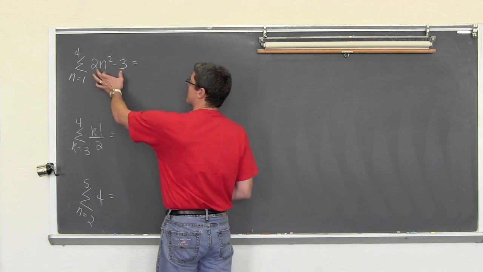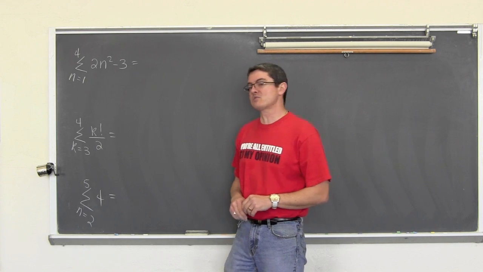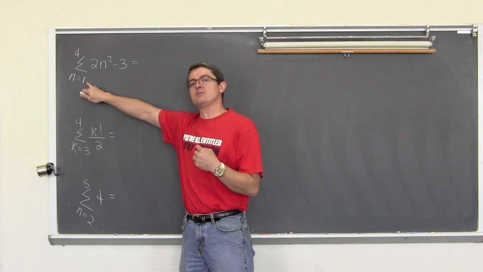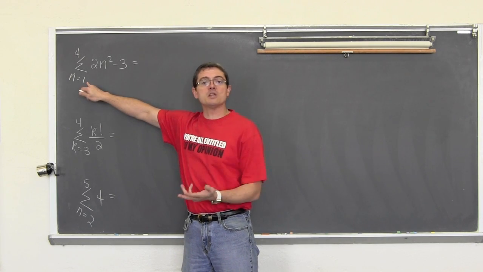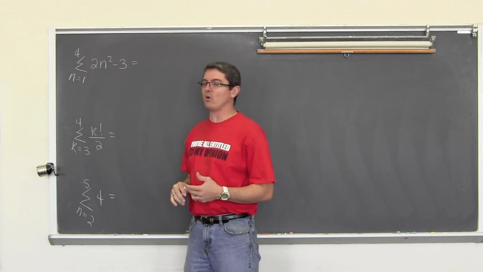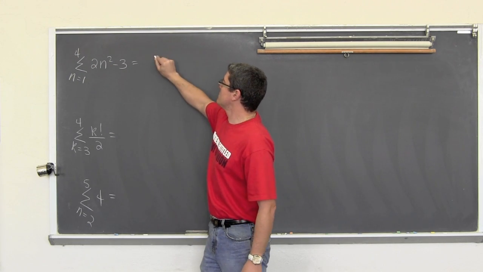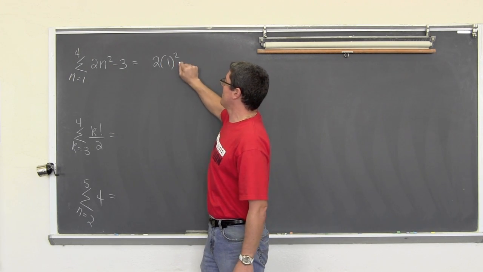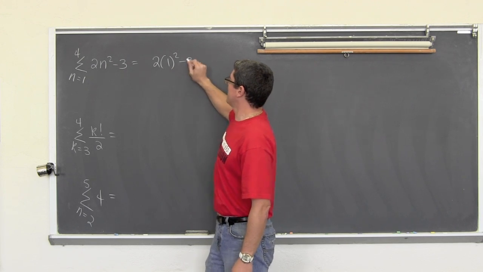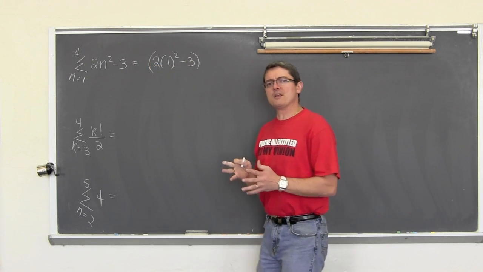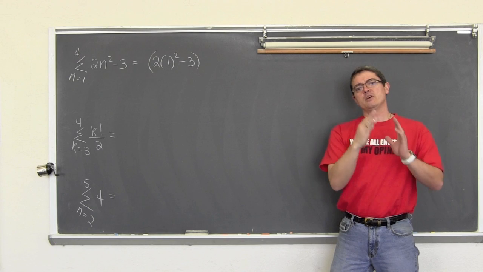So we're going to take this expression of 2n squared minus 3. We're going to start plugging in values of 1, and increase by 1 until we get to the upper limit of 4. So we're going to have 2 times 1 squared minus 3. I'm going to wrap this in parentheses just to highlight each individual substitution.